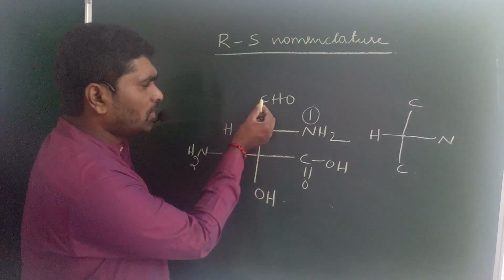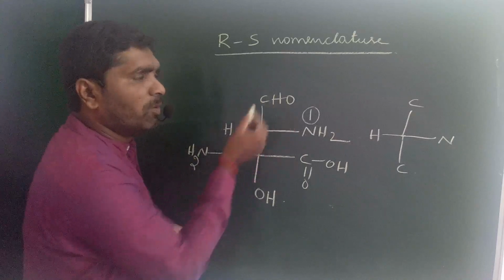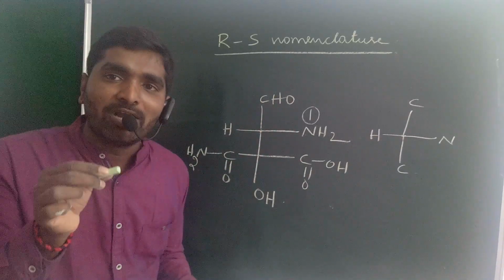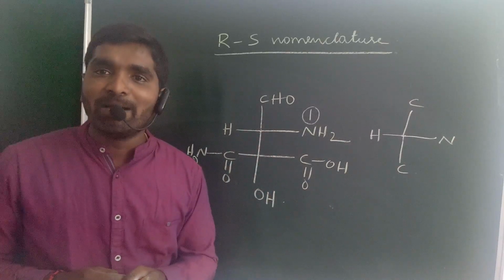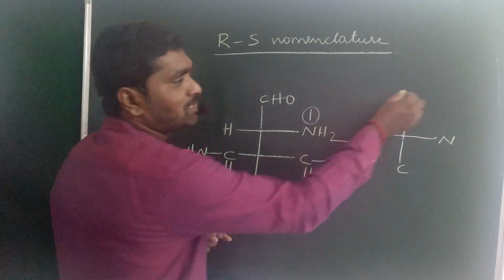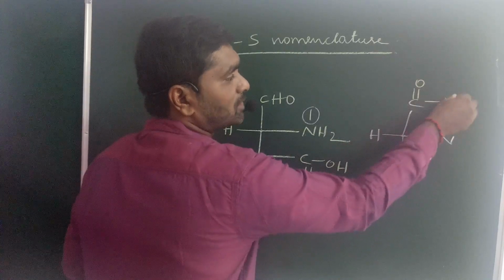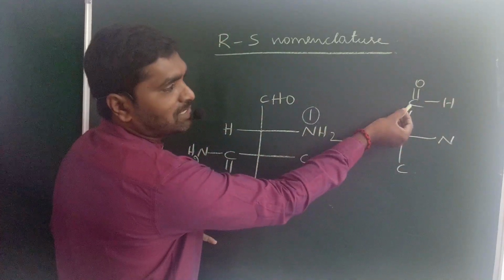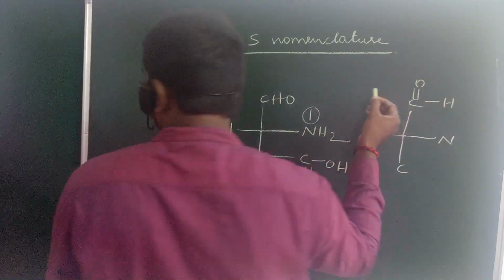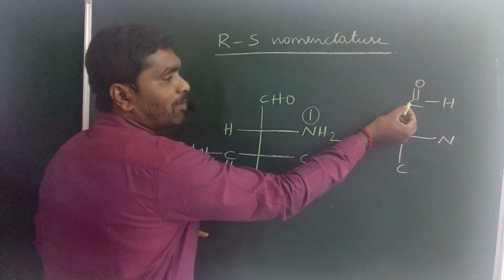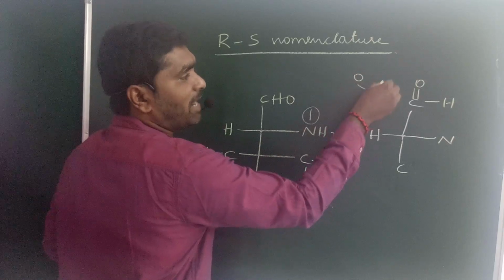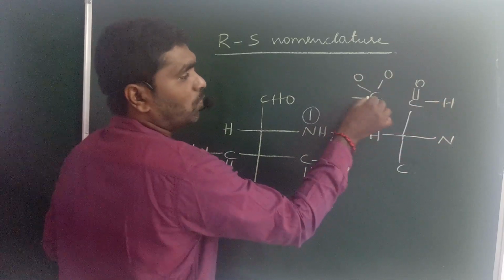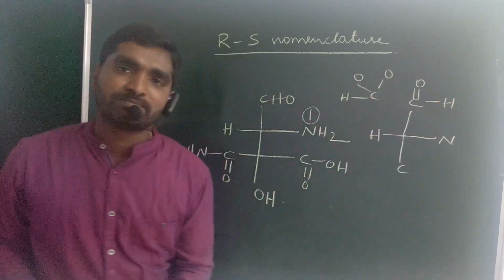CHO means C double bond OH, which is nothing but the aldehyde group. That means this carbon is bonded with two oxygen atoms as well as one hydrogen atom.